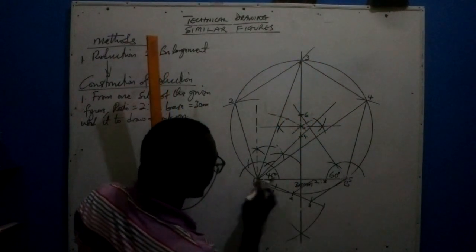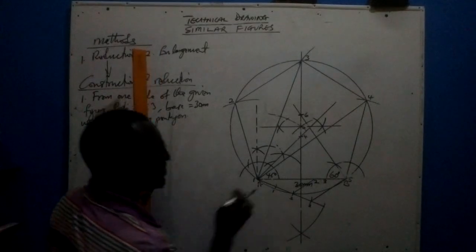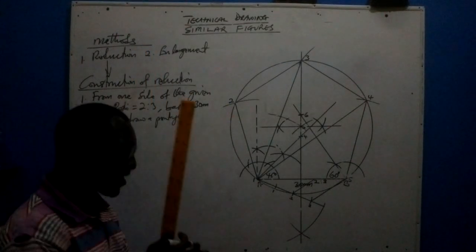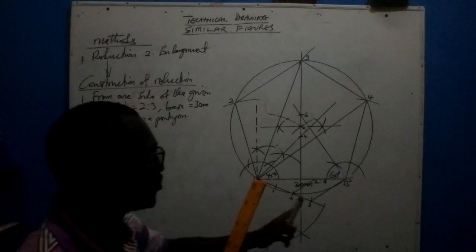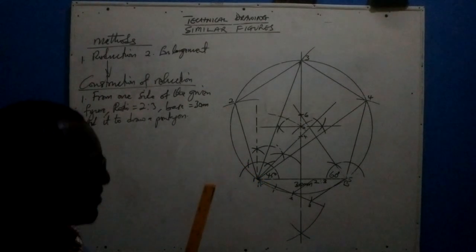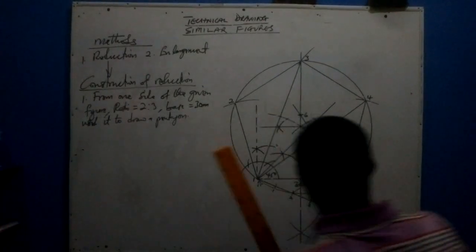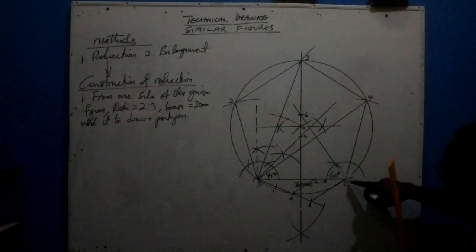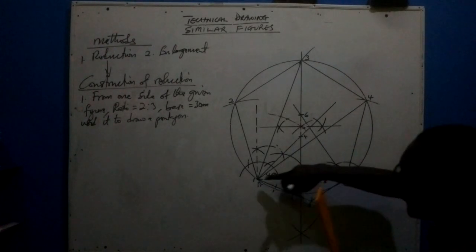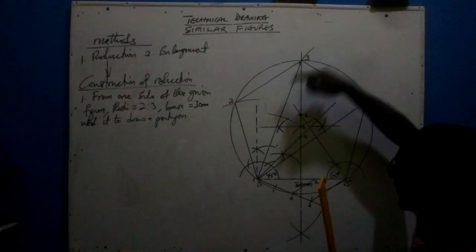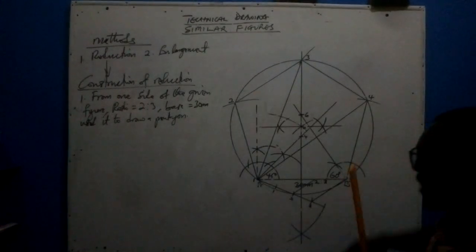Has 5 joined to point 1? Yes, that is the piece. Then after, you are coming to extend, because now we have the 1 5 line, the 1 4 line, 1 3 line, and 1 2 line.